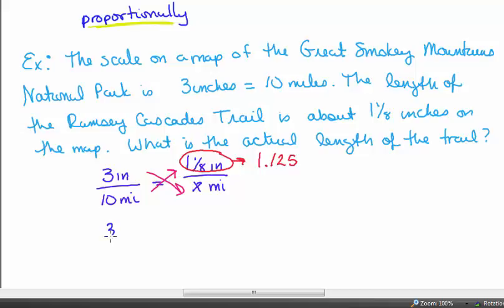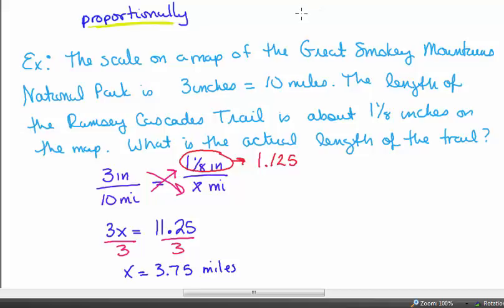So 3 times x is 3x, and 10 times 1.125 is 11.25. I divide both sides by 3, and I get that x is equal to 3.75 miles. So that trail is 3.75 miles long.